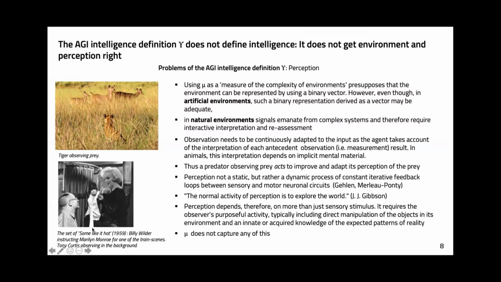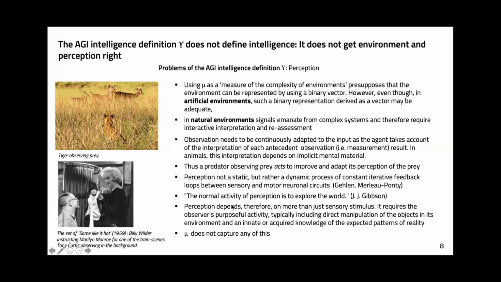Here's another example of perception, which is much more complex than this one, because it involves dialogue and the observation of a dialogue. It has many interesting aspects that show how complicated perception is.